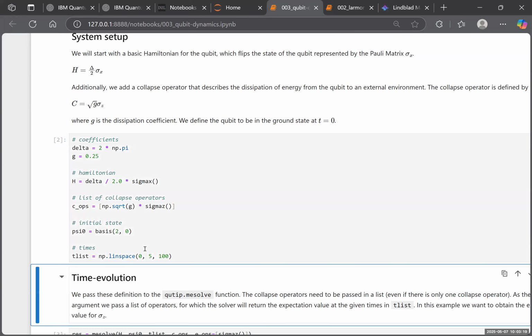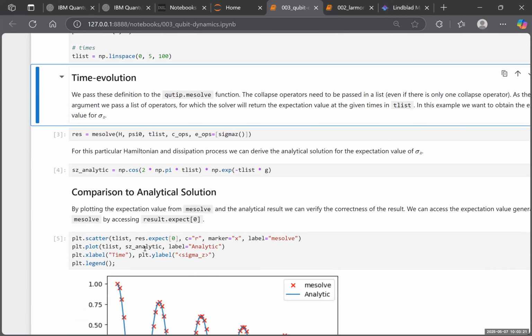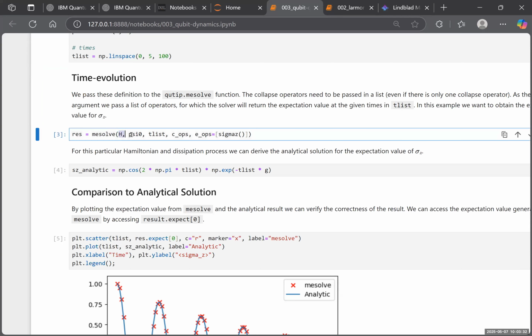and it's the time list. To solve this is the same as previously, but you use mesolve, the master equation solver: Hamiltonian, initial state, time list, and additionally you need to have the collapse operator. The expectation operators are what you want to evaluate.